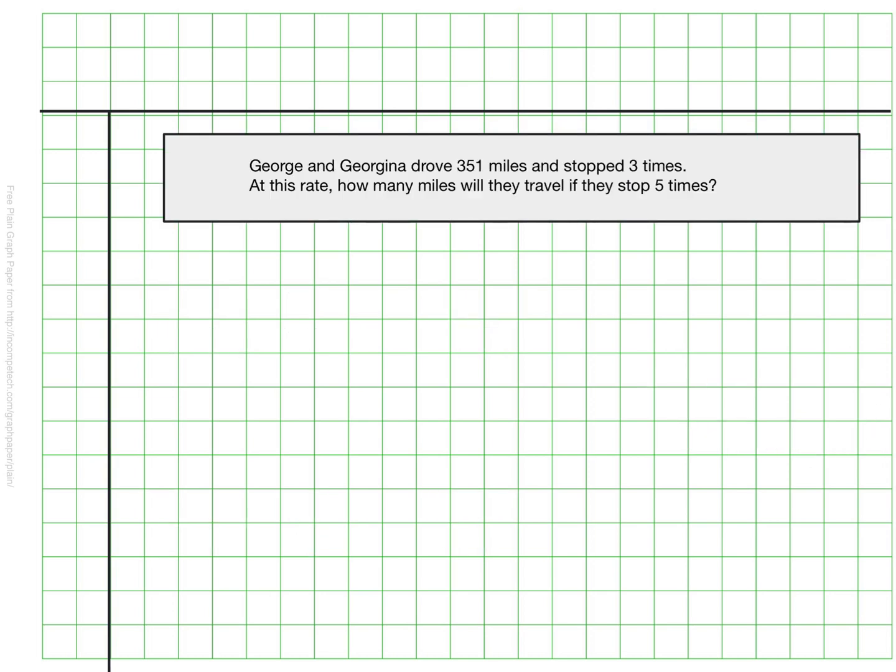We can also use and apply unit rates when we're trying to find out more information than just the unit rate itself. So if George and Georgina are going 351 miles and stop 3 times, we could use a rate of miles per stop to figure out how far they would travel if they stop 5 times.